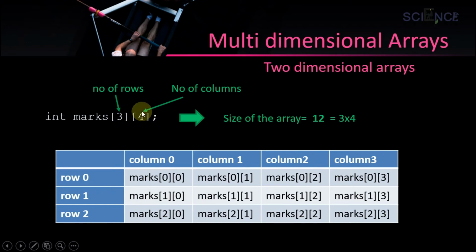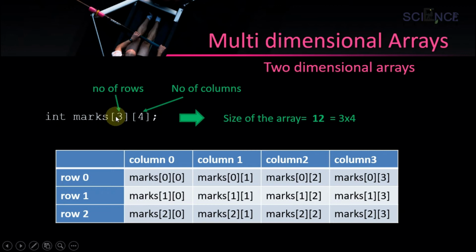So that means I can store 12 elements in this array. How can we find out the number of elements we can store? We can simply multiply these two values. Multiply 3 and 4, then 3 into 4 is 12, right? So I can store 12 elements in this array.